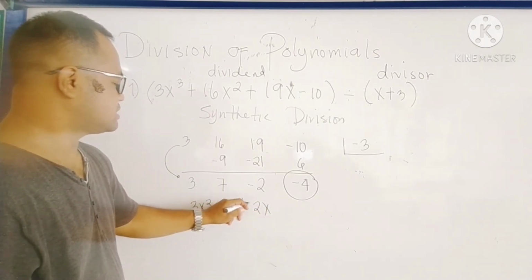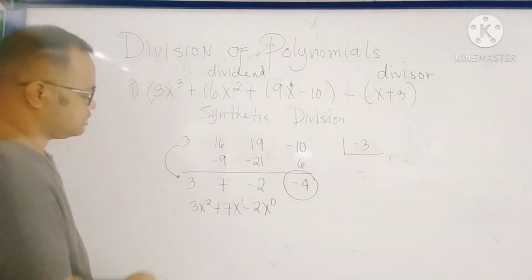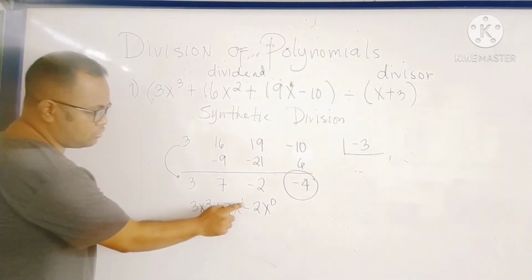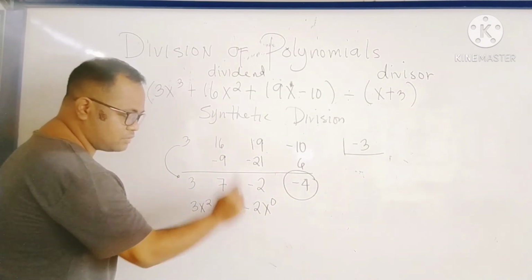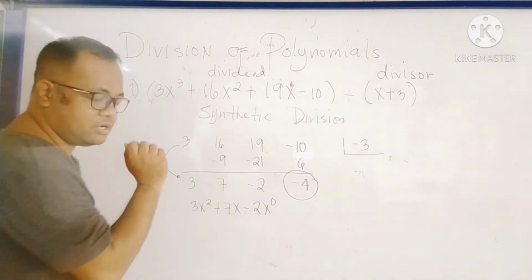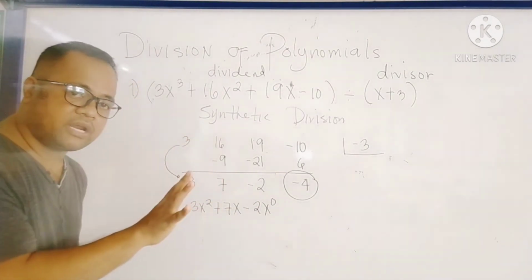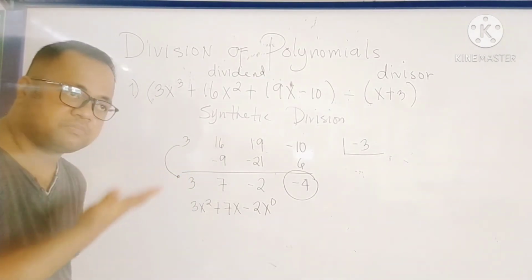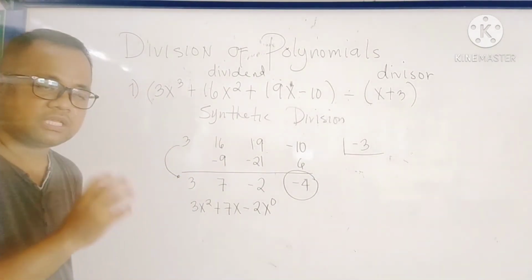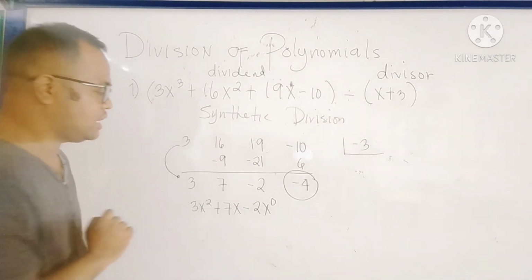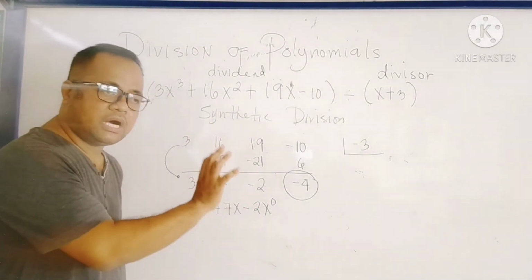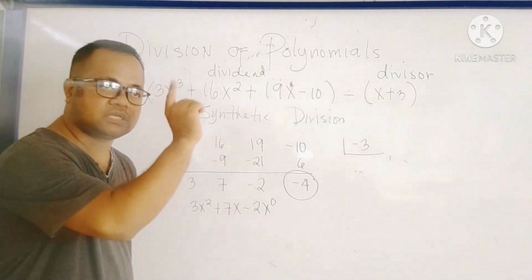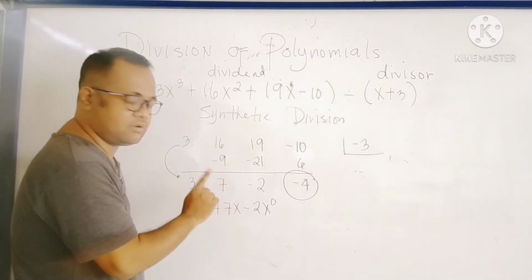So, raised to 0. You look at this one. 2, 1, 0. Diba? Pag the exponent is 1, no need to write the exponent. Automatically, if you see a variable that has no exponent written, it means that the exponent is 1. Now, the exponent of this is 0, and by the rule, a number or variable with 0 exponent is always equal to 1.